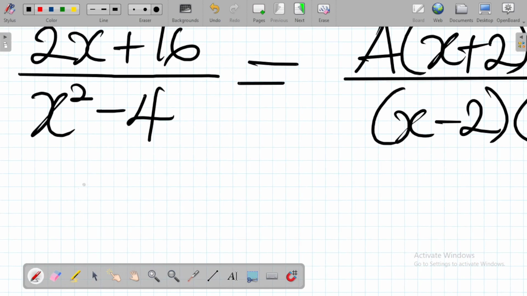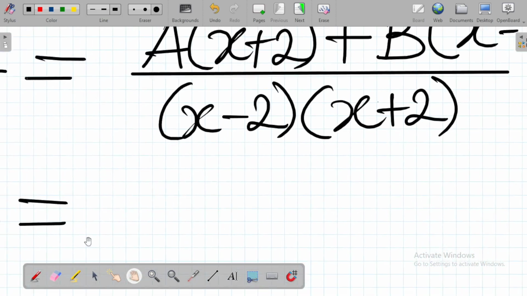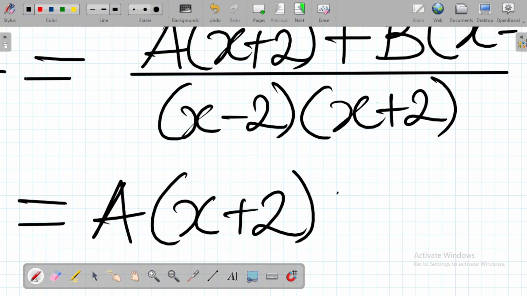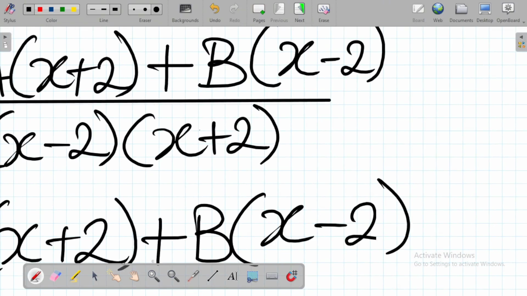So our next task is to equate the numerators. Now, we have 2x plus 16 is equal to a, open bracket, x plus 2, plus b multiplied by x minus 2.